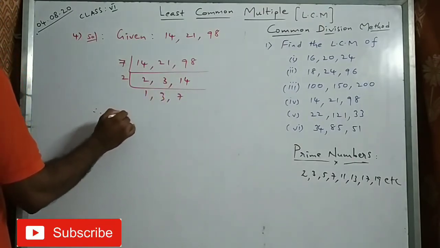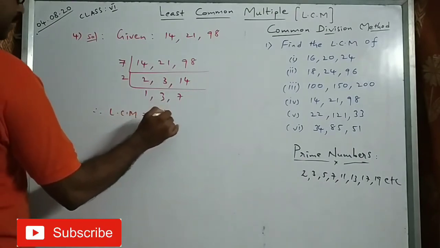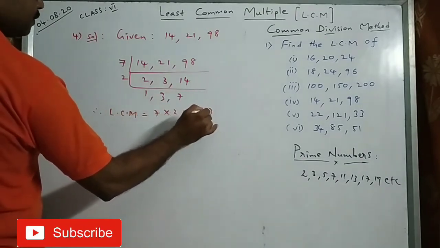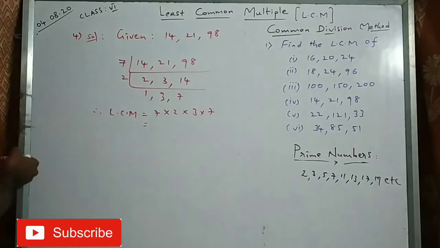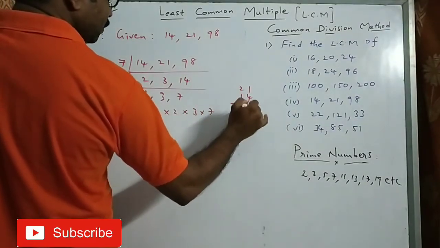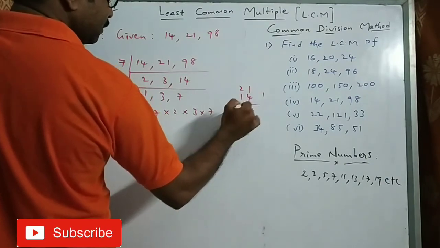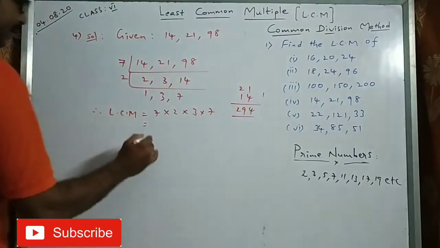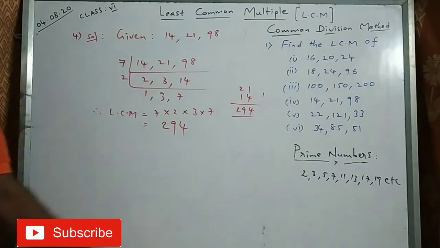So therefore LCM is equal to 7 into 2 into 3 into 7. 7 2s are 14, 14 3s are 42, 42 7s: 7 2s are 14, 7 4s are 28 plus 1 is 29. So 294 is the final answer. Therefore the LCM of the given numbers is 294.